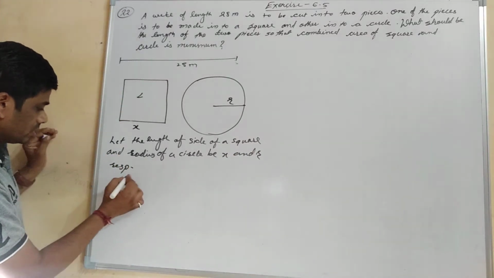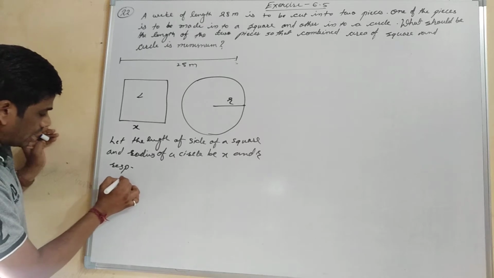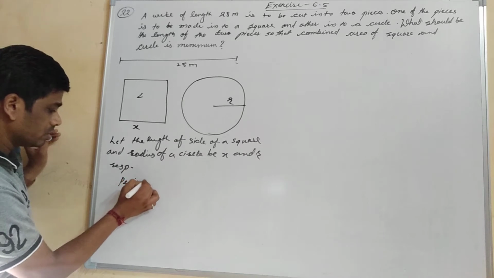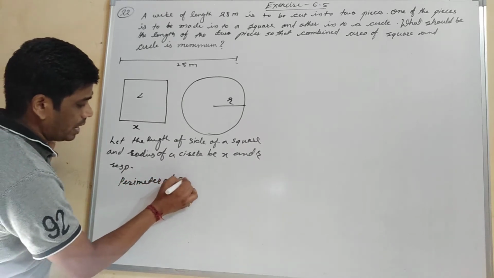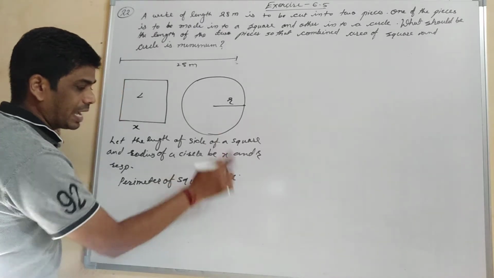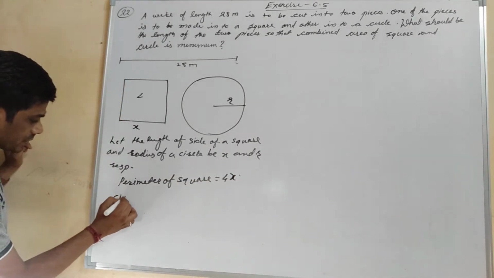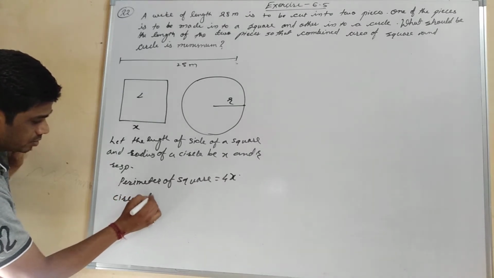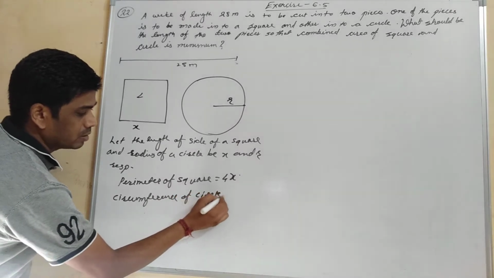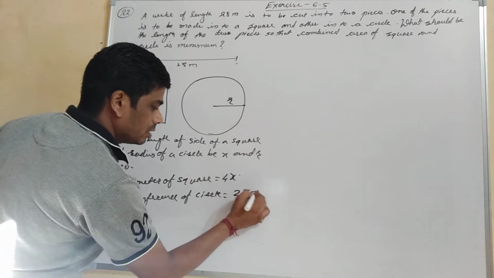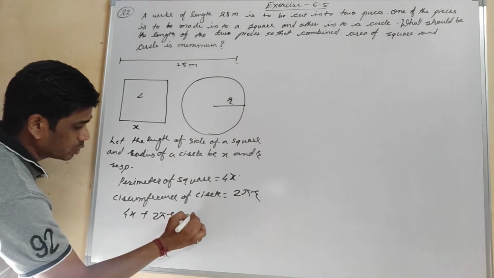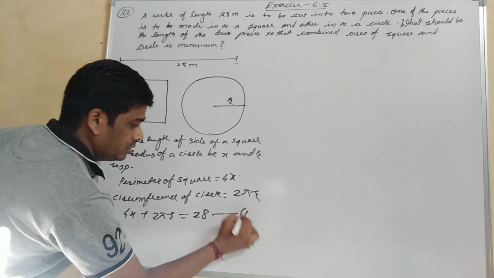Perimeter of the square equals 4 into x, because the side is x, and the circumference of the circle will be 2 pi r. So their sum 4x plus 2 pi r equals 28. This will be equation 1.